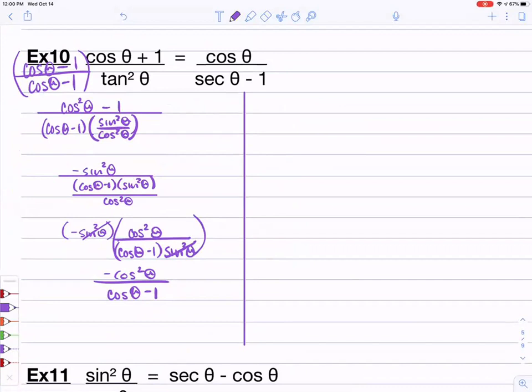You could just distribute the negative on the bottom. Okay. Oh, I gotcha. 1 minus cosine is not the same thing as sine. Gotcha. All right, so now let's go to the other side.